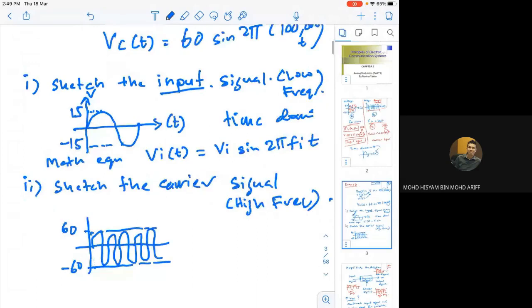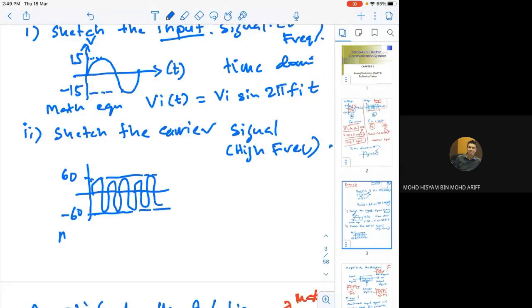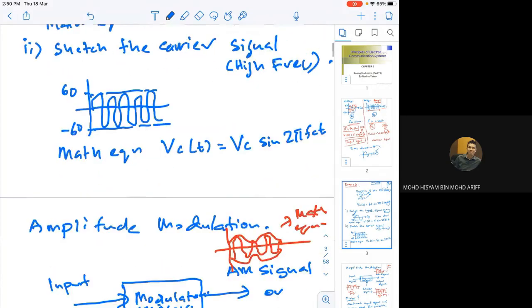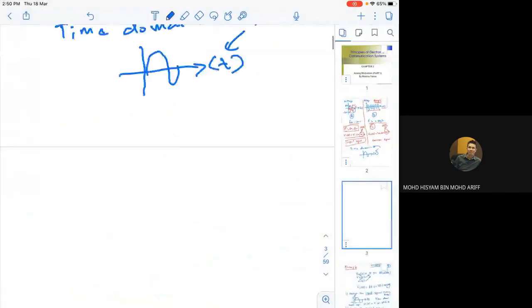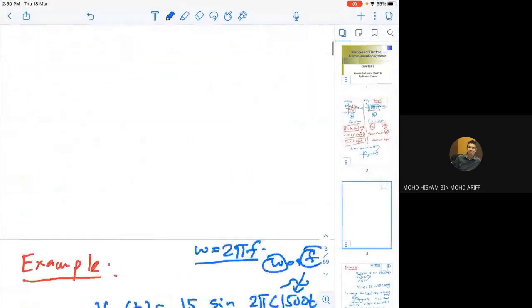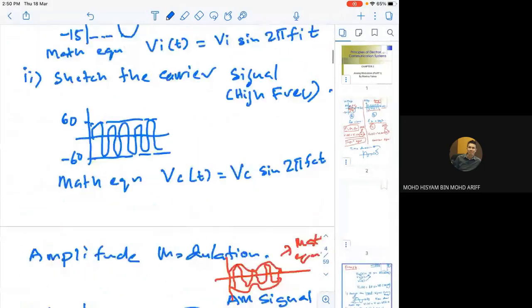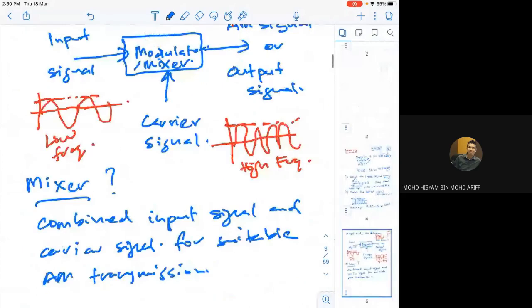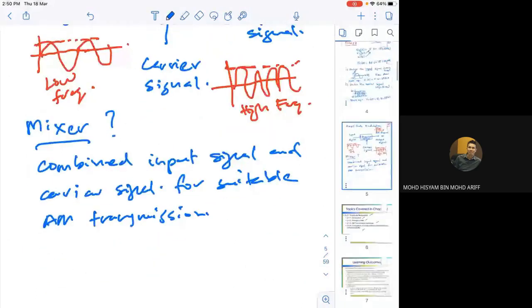And here the math equation is VCT equals VC sine 2 pi f C t. Easy. Okay, now for example, here is high frequency.